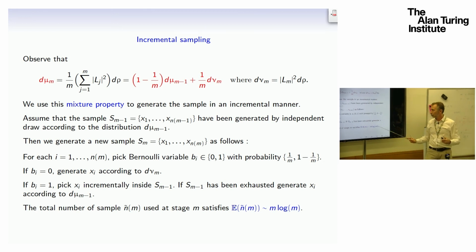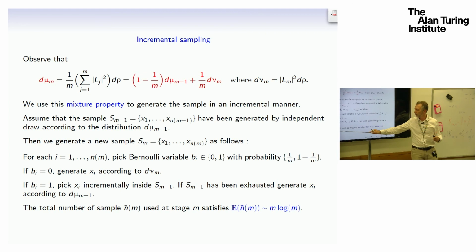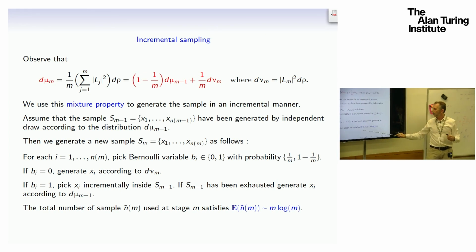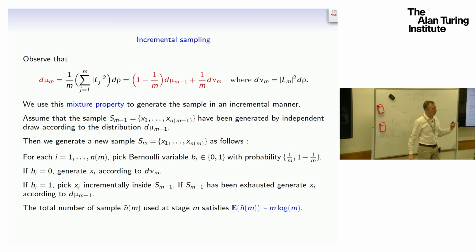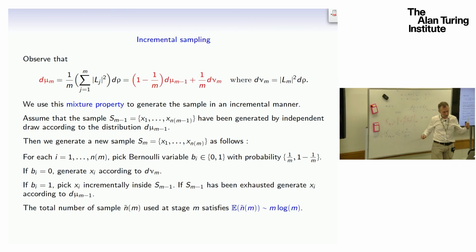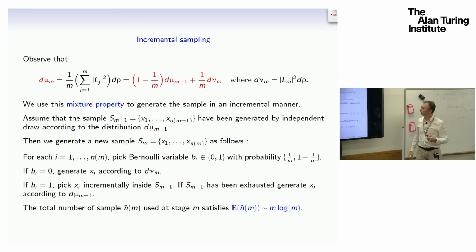So you move on like that, and the interesting thing is that you obtain a sequence of samples which always reflects the right measure, and you can prove that the total number of samples that you have used at stage n from the beginning will, in expectation, satisfy the optimal regime. So you are essentially doing as well as if you were doing things from scratch, but you recycle. And this is quite useful for adaptive algorithms.